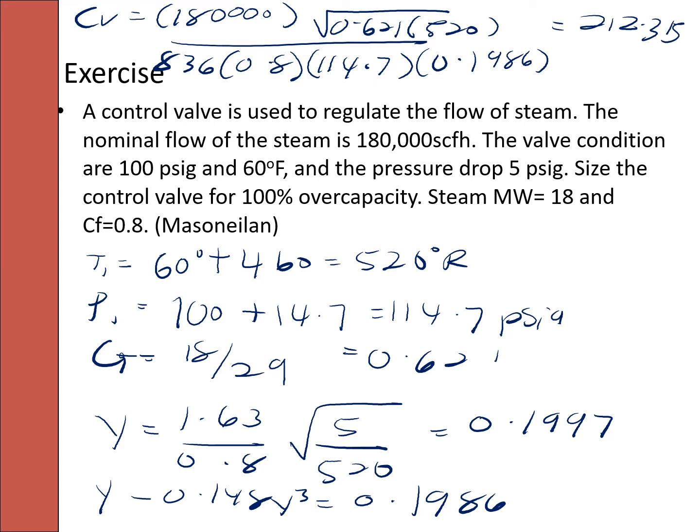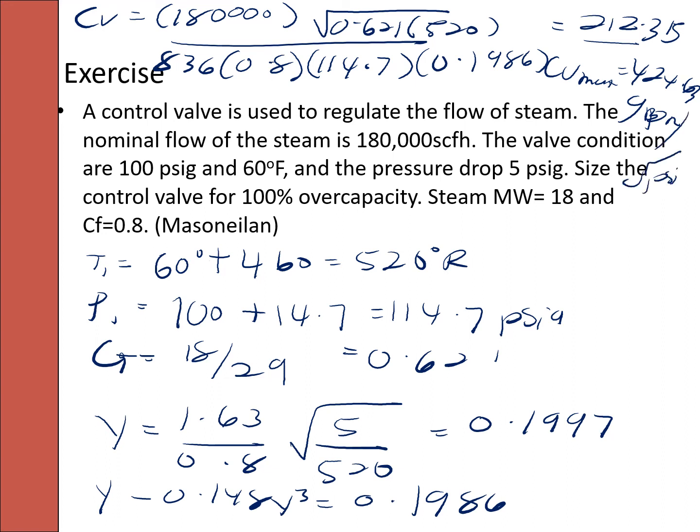So the answer for CV is 212.315. Since the problem mentions 100% over capacity, that means for CV max you need to multiply this value by a factor of 2. So you will get 424.63 GPM per psi.